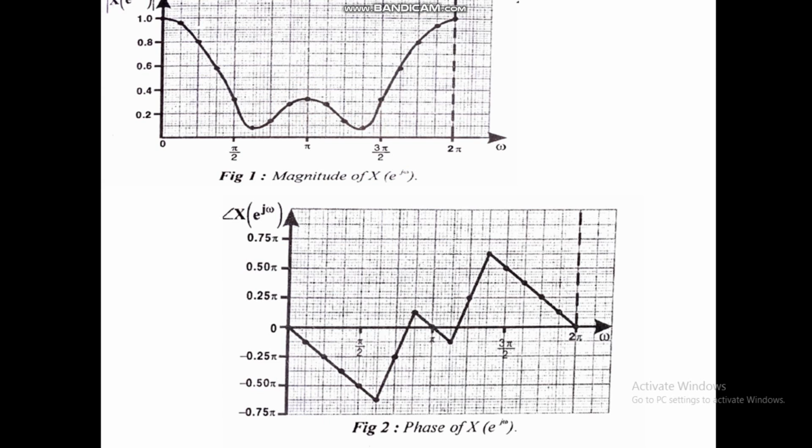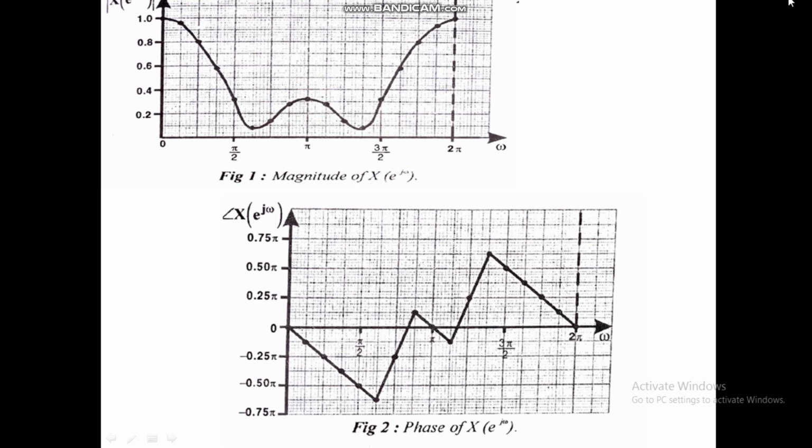And also it is said that to obtain the discrete functions of omega, that is to obtain the DFT from this DTFT, we have to obtain samples at a sufficient number of frequency intervals.